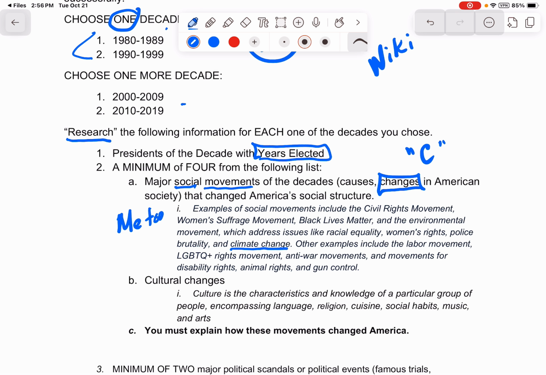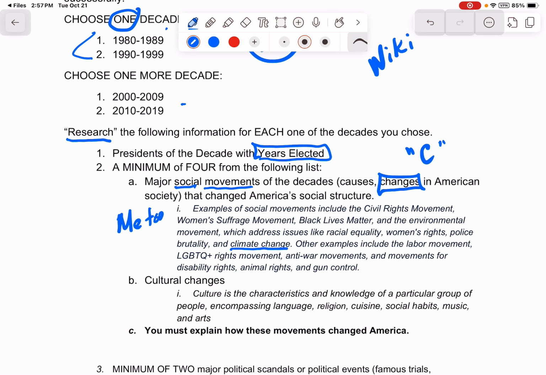Other examples can be the rights of workers, LGBTQ rights, anti-war, movements for disability rights, animal rights, gun control. Those are examples, and you are certainly welcome to use them. Now, be aware that, for example, Black Lives Matter does not apply to the 80s or the 90s as far as a movement is concerned.